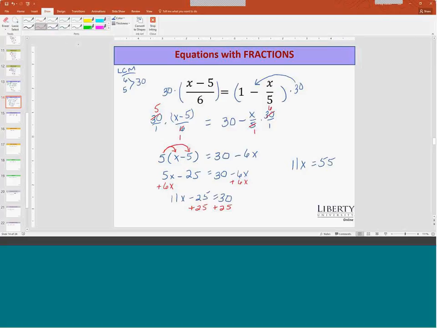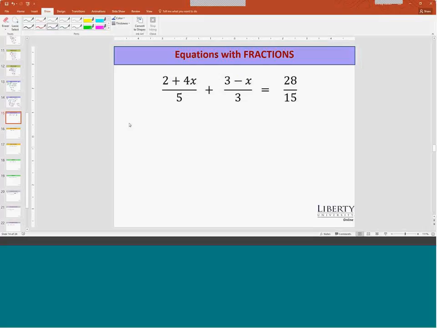This is working out so very nicely because when you divide both sides by 11 to get rid of that coefficient, you're going to end up with x is equal to 5. If you check your work, go back up here and substitute 5 in place of x, and you should balance the equation.